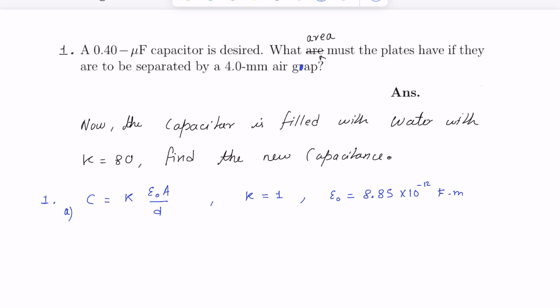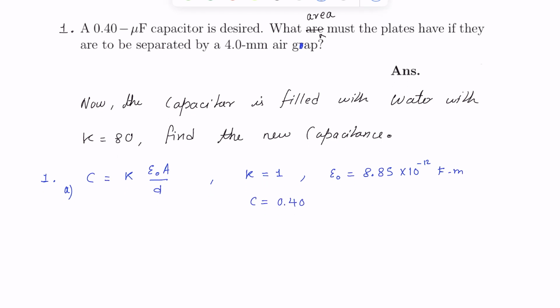This is a classic example of formula based questions where you have a formula, everything is given except one thing. You plug in all the other things to get that one thing. So here capacitance is given to be 0.40 microfarads, and that is equal to 0.40 times 10 to the minus 6 farads.